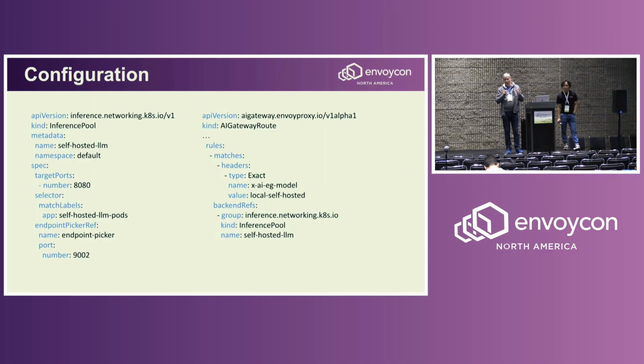That's how you hook up Envoy AI Gateway to the inference pool. The important piece on the left side at the bottom is that the inference pool also specifies the external endpoint picker, which I didn't include; it's a separate deployment. This is all available in the examples in the Envoy AI Gateway, so if you have to put the system together, you can actually do that.